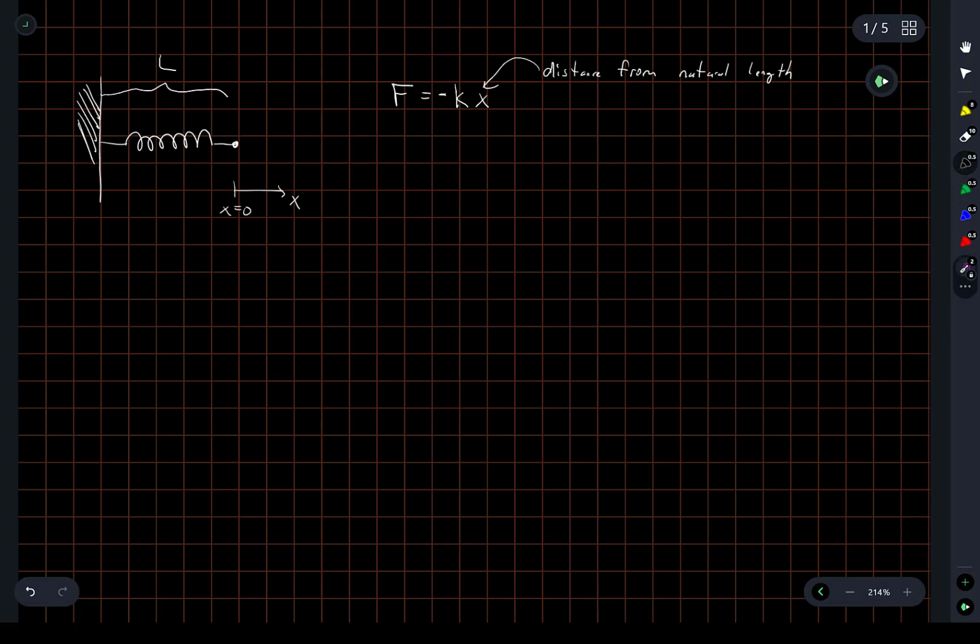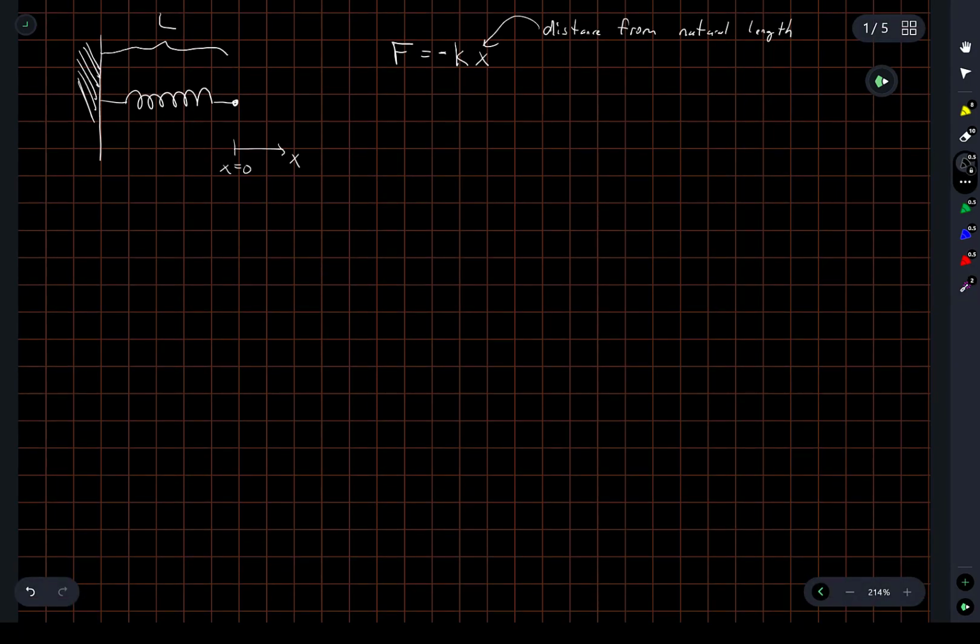Now to figure out the amount of work done in stretching the spring from x equals 0 out to x equals 10, well, the force is changing as this point of the spring is being dragged along. So what we're going to have to do is integrate this force from x equals 0 out to 10. So W1, the first quantity we're concerned with, is an integral from 0 to L over 2 of f dx.